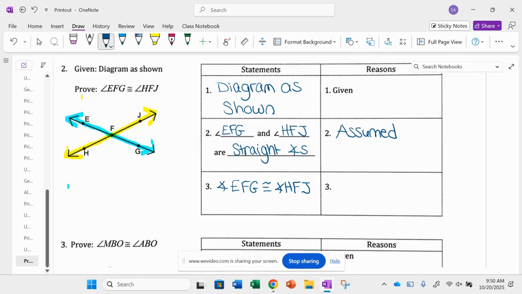You cannot write because they are straight angles. What do we have to use? It's either a definition, a theorem, or a postulate. Is there a theorem about straight angles? Yeah, what does that theorem say? Good. So I'm just going to say straight angles are congruent.